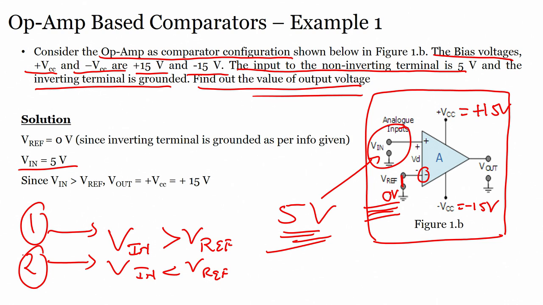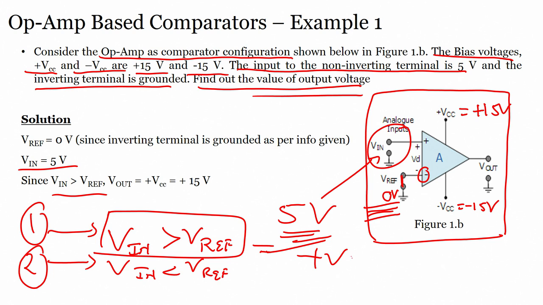Think, easy. The answer is the first, because 5 volts is greater than 0 volt. When you have this condition, we already know the output is equal to plus VCC. But if it is the second condition, where V in is less than V ref, then our answer would be minus VCC.